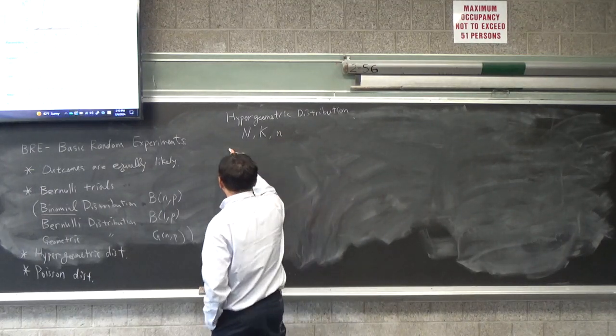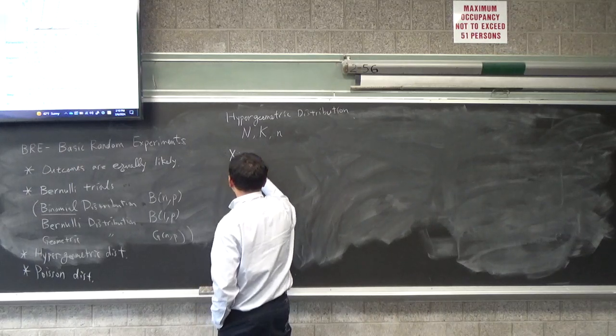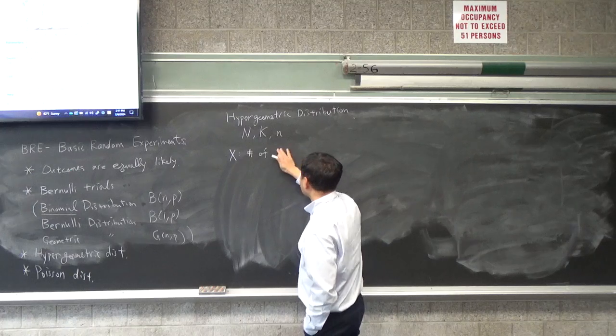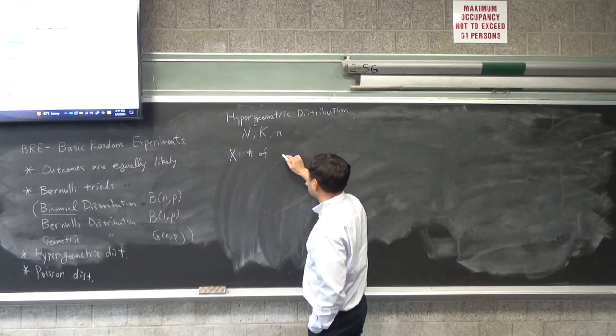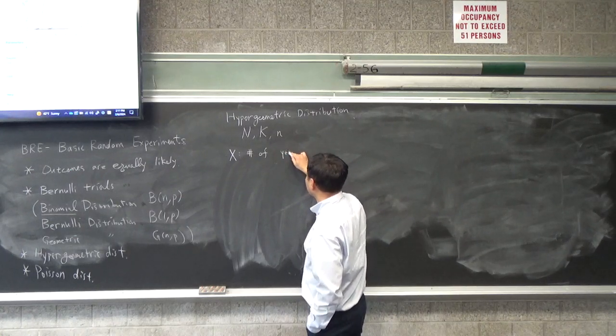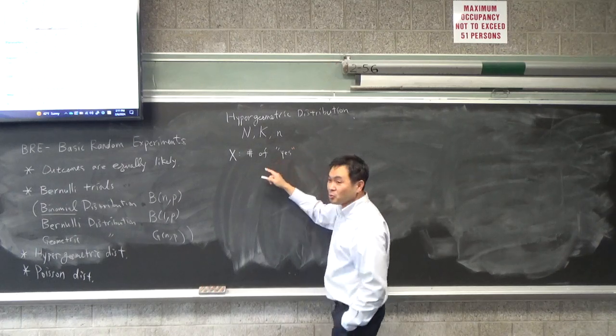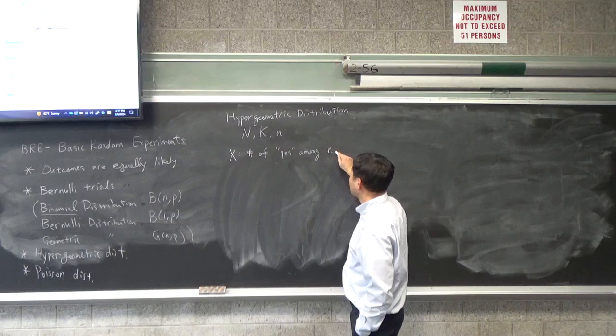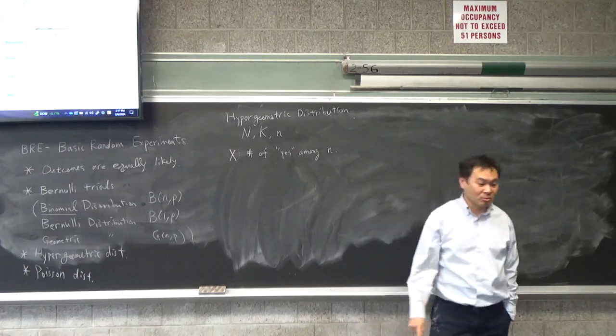And then your random variable X will be the number of yes, or wins, among the sample size n that you bring in.